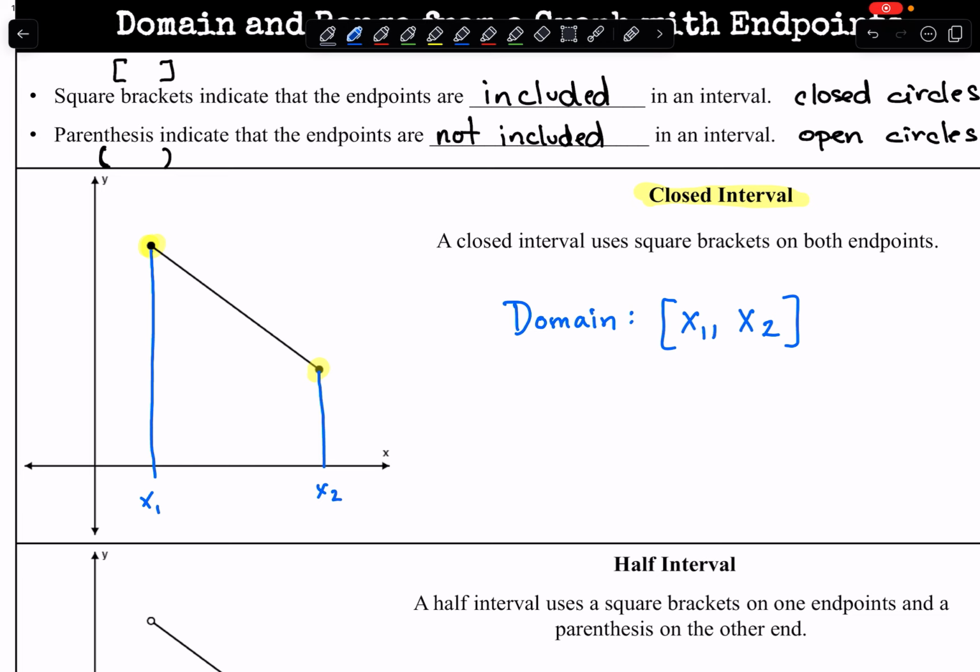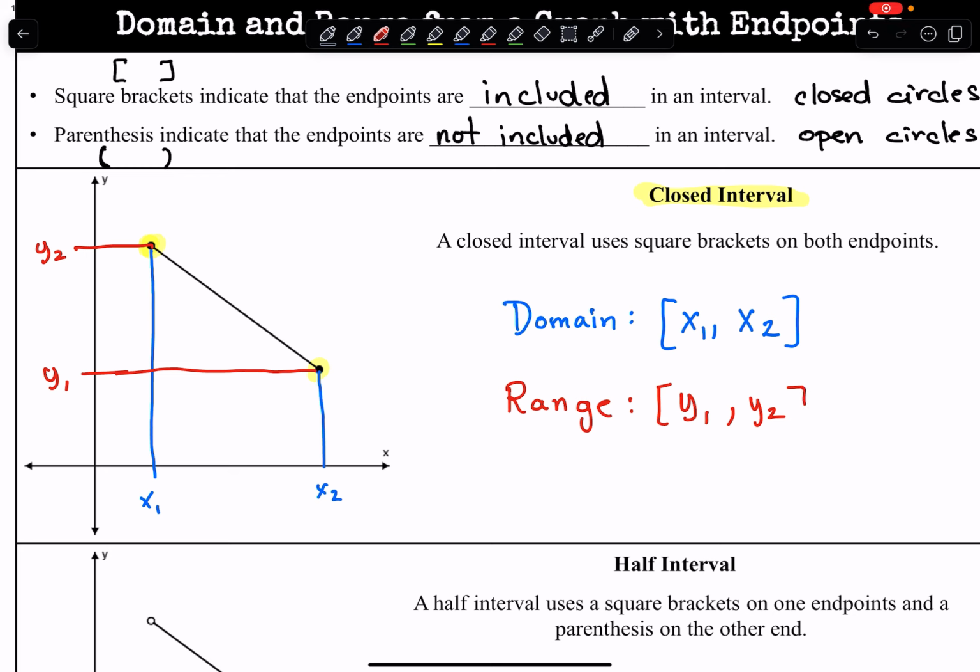The only difference is that for the range, we go from bottom up. So for domain, we go from left to right, and for range, we go bottom up. So this would be y1, this would be y2. So our range would be all of the y values between y1 and y2. And because the two endpoints are closed, we use square brackets to indicate that.